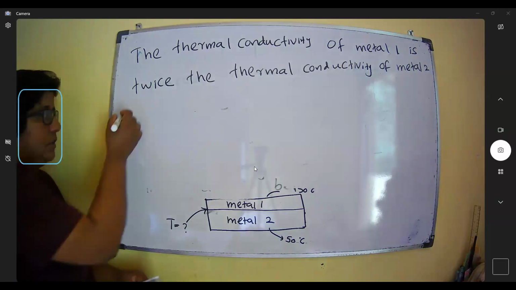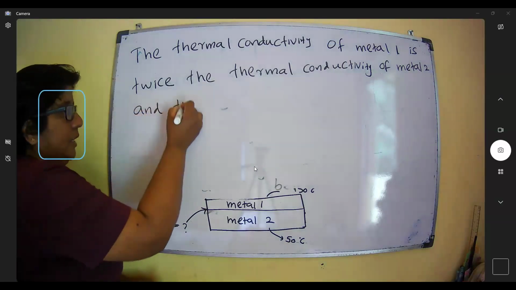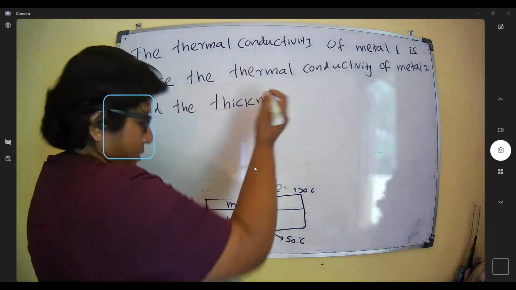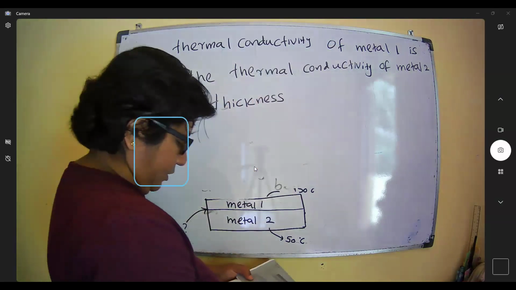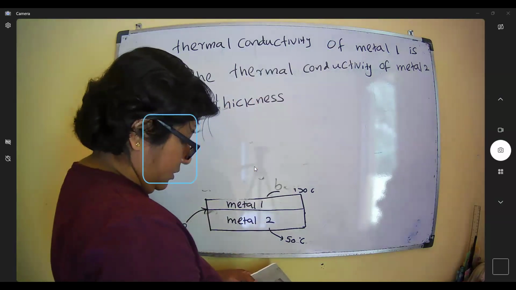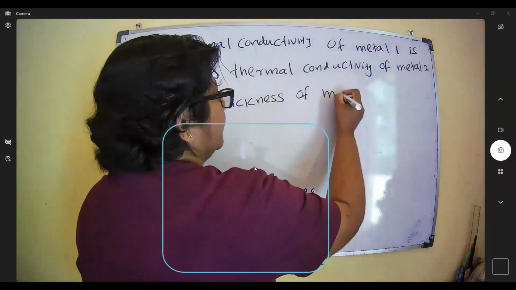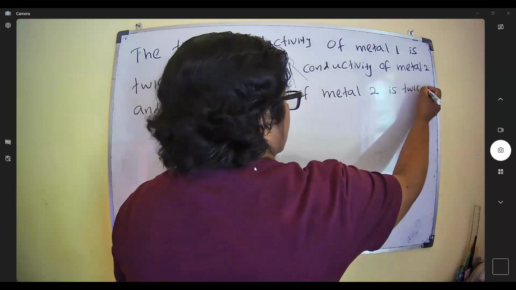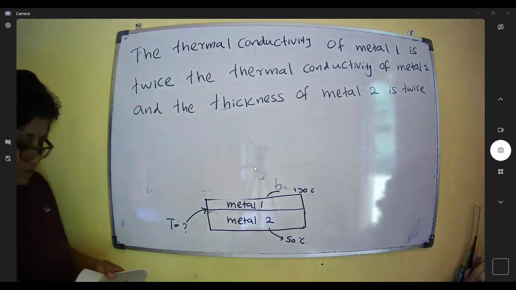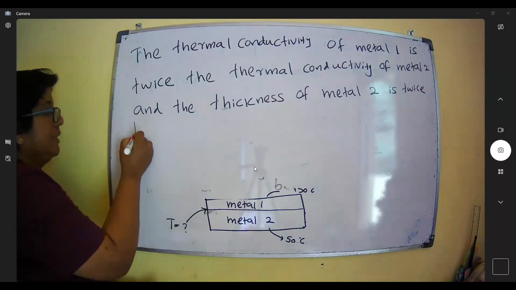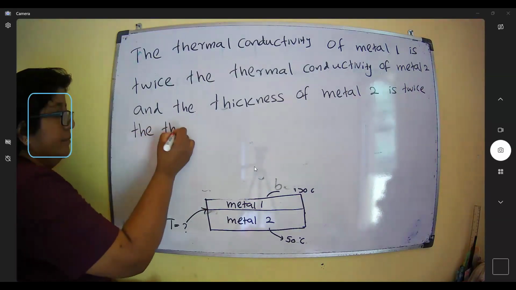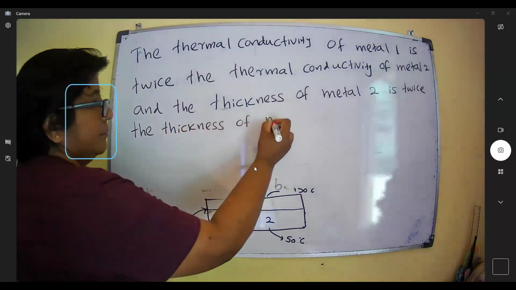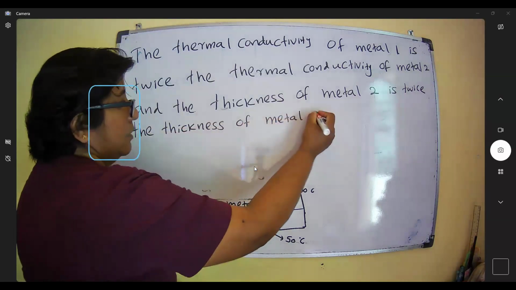And the thickness of metal 2 is twice the thickness of metal 1.